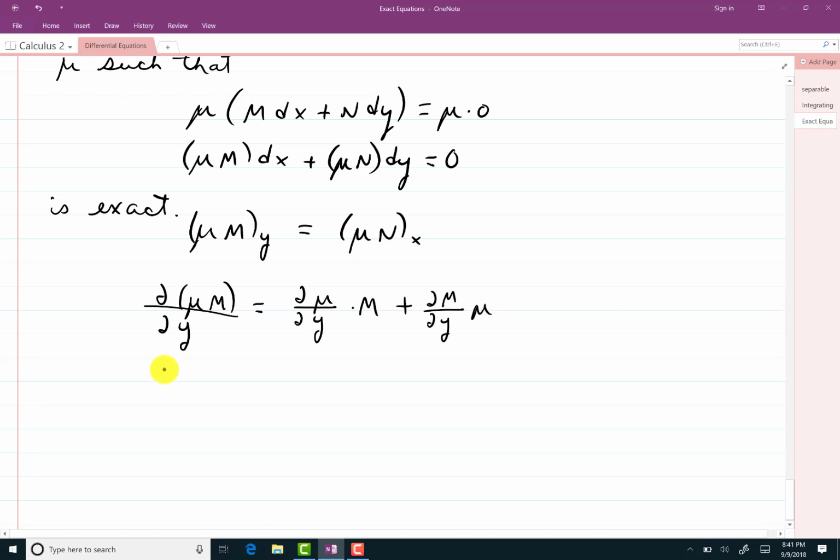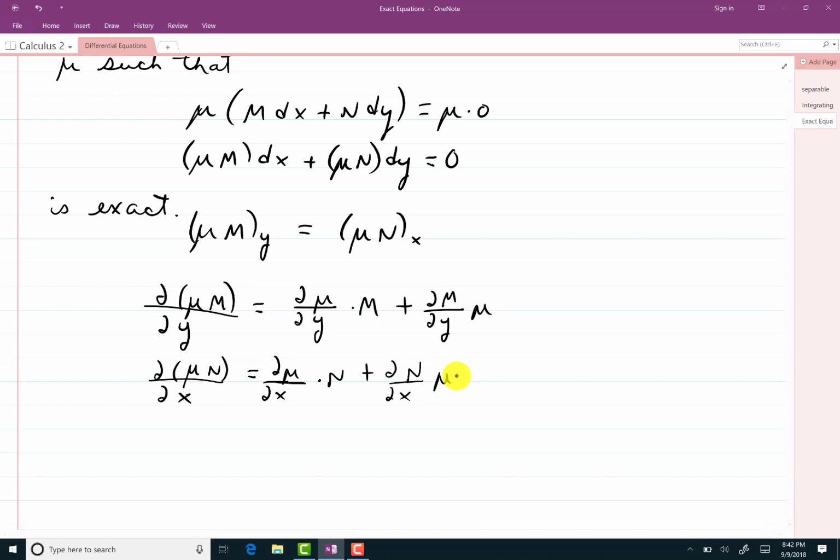And if I do the other one with respect to x, this mu n, so the partial of mu n with respect to x will equal the partial with respect to x of mu times n plus the partial of, this time, n with respect to x, leaving mu alone. Now these two things need to be equal to each other.